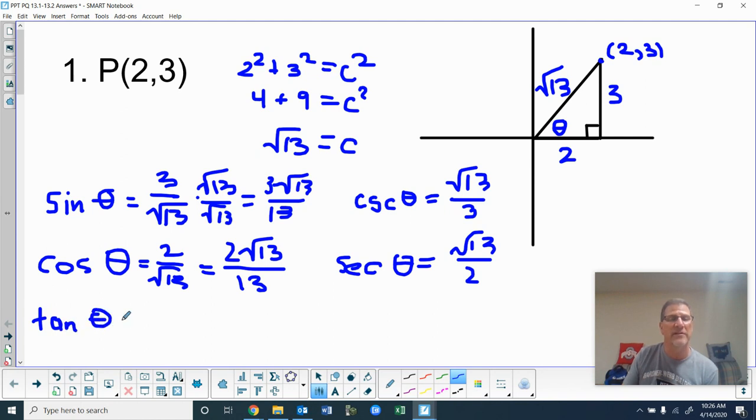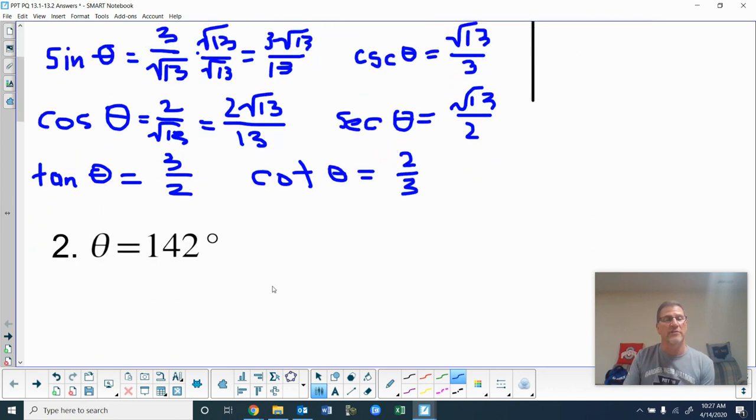Tangent is opposite side 3 over adjacent side 2. So cotangent, which is COT, would be 2 over 3. So there's your 6 answers for number 1 on our practice quiz.